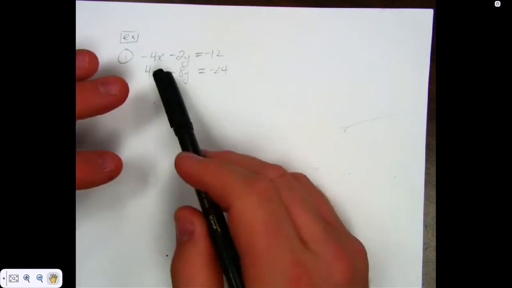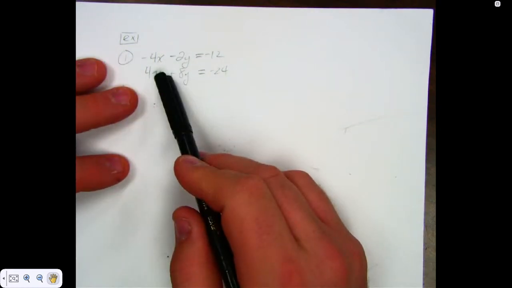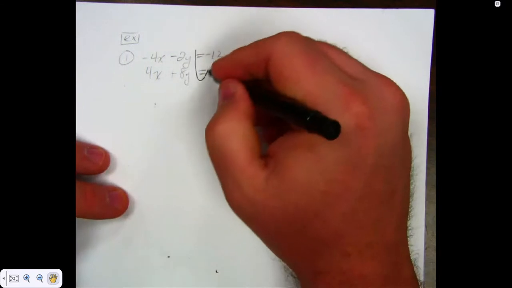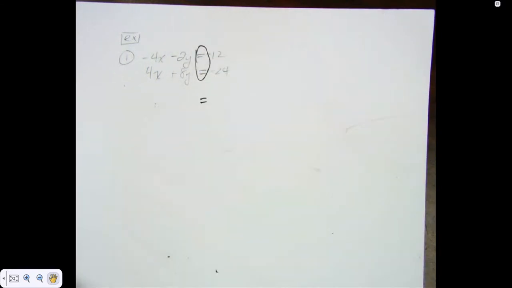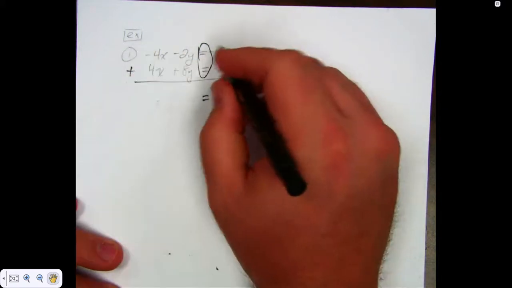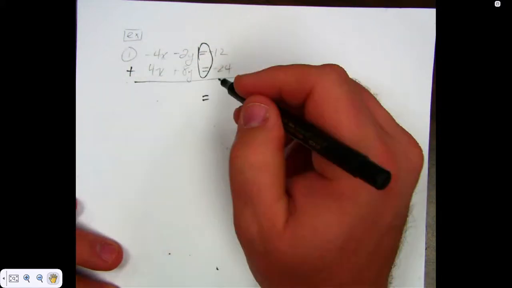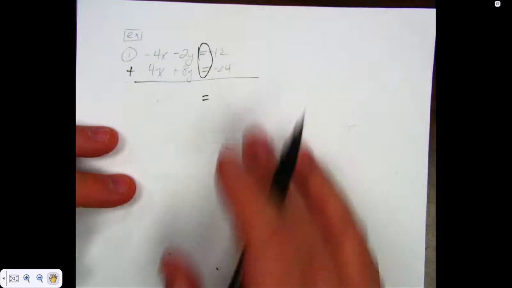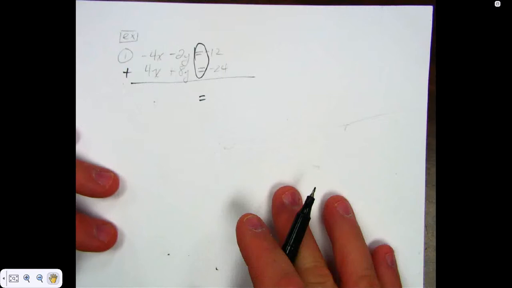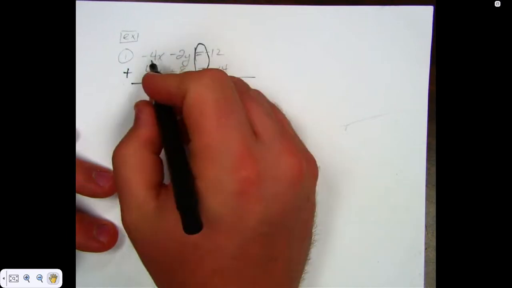You basically add the left sides of the equations to each other. Basically, you make this into one equal sign, and you add everything on the right side together, and everything on the left side together. It's that simple. So the first step is add them together, make them into one equation, and see if either of your variables goes to 0.